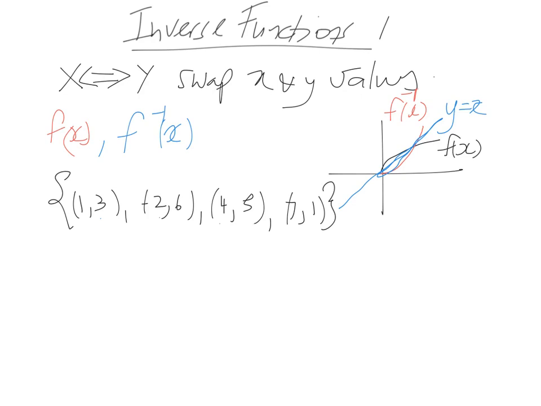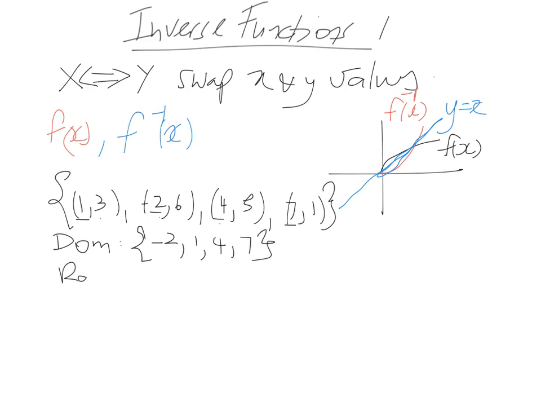They don't tell us the domain and range, but anyhow, we'll write our domain and range. If we have a look at this, our domain is our x values, which is 1, negative 2, 4, and 7. We're going to write that in ascending order: negative 2, 1, 4, and 7.